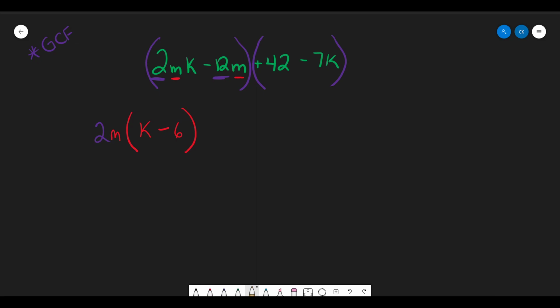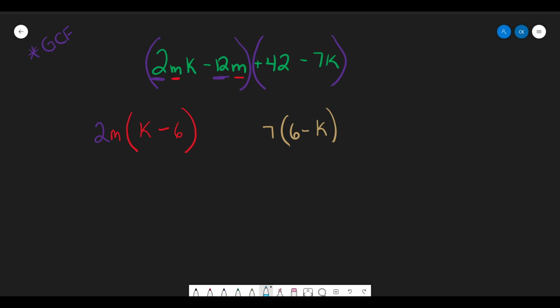Do the same thing for the second one, 42 and 7. Well, they have a greatest common factor of 7. The first term doesn't have a k, the second term does, so I can't pull the k out, so it is just 7. So 42 divided by 7 is going to give me 6, minus 7k divided by 7 is going to give me k.